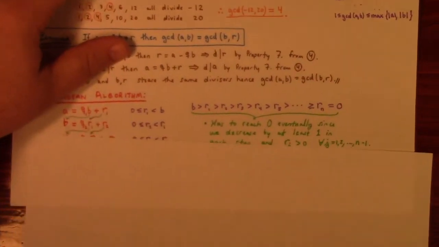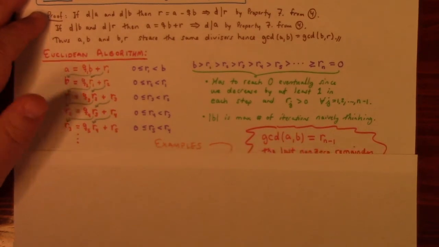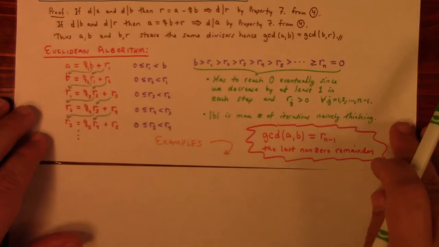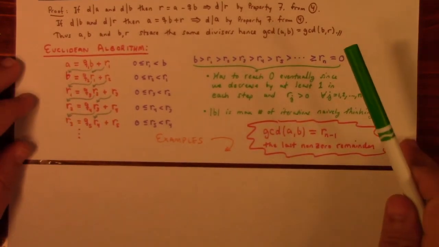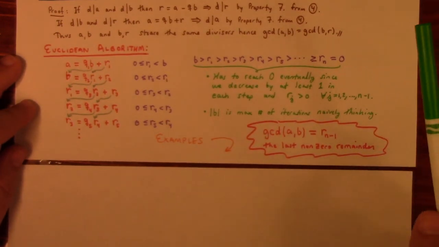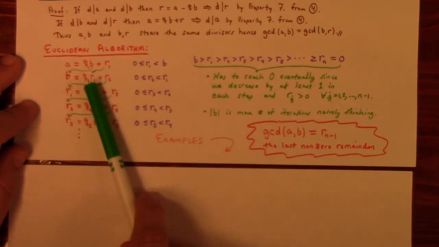Let's get to it. The Euclidean algorithm is this. You start. I always take A to be the bigger number in magnitude, just to keep things nice. I apply the division algorithm, all right?